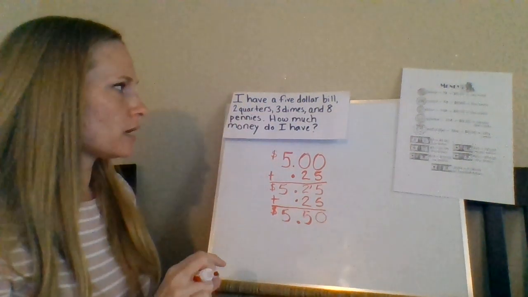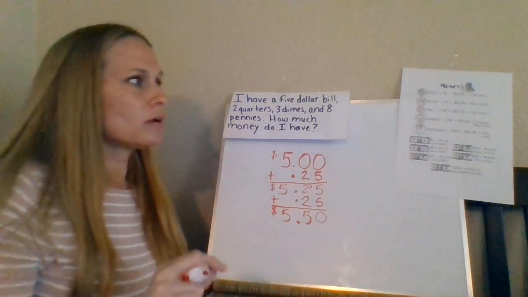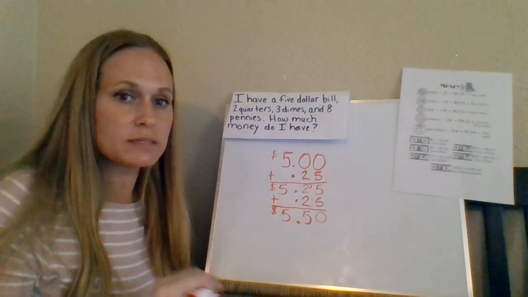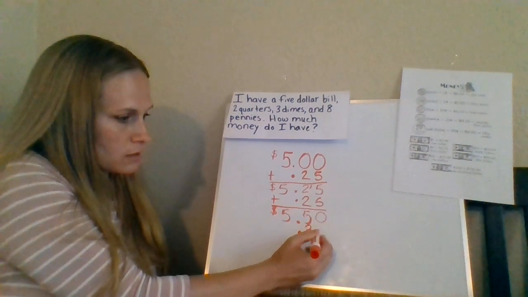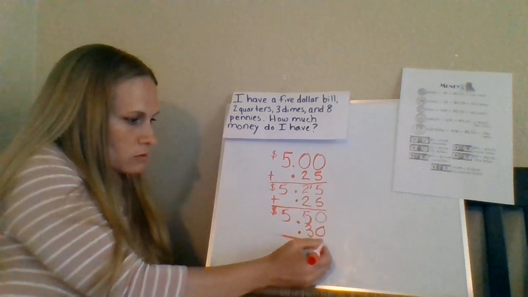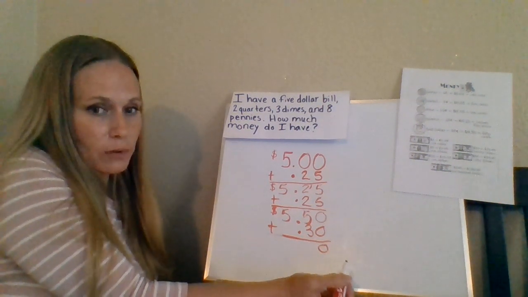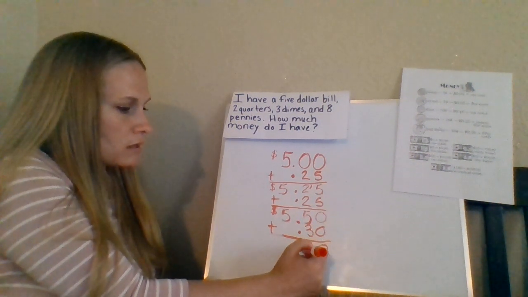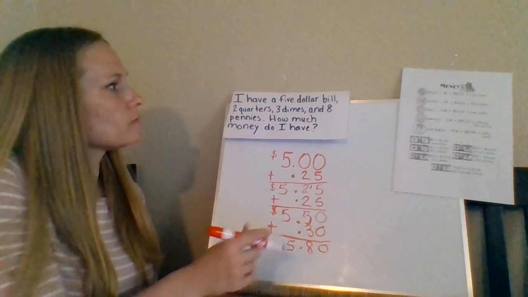Now I have 3 dimes. Well, I know dimes are worth 10 cents. And if I have 3 tenths, that's 30. So I'm going to add 30 cents. 0 plus 0 is 0. 5 plus 3 is 8. Bring down my decimal and bring down my 5.